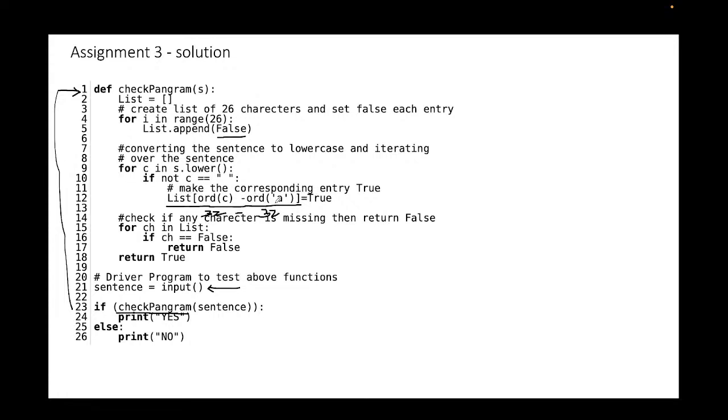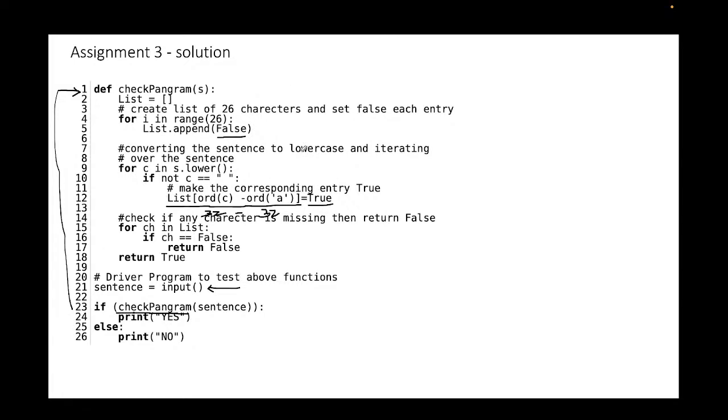So list of 0, out of these 26 elements in the list, the first element will flip from false to true. So in the 26 falses, the first one is turned to true. So A is encountered. That is what we are symbolically meaning, logically.